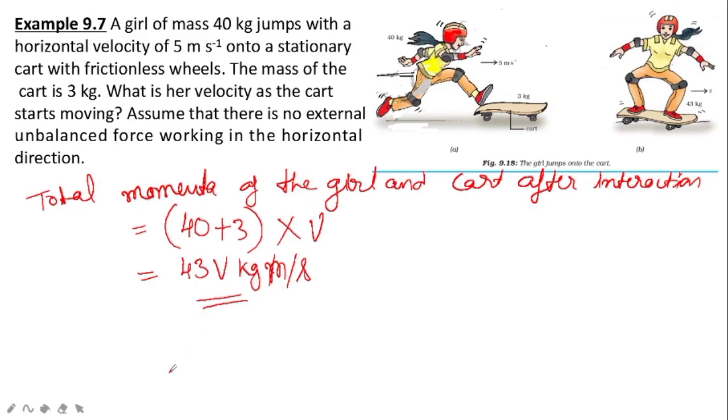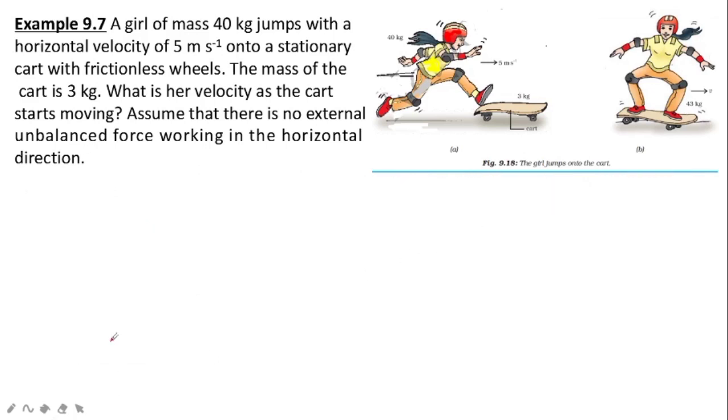Next, according to the statement of the law of conservation of momentum, total momenta of the girl and cart after interaction is equal to total momenta of the girl and cart before interaction. So now we will use the same thing here.